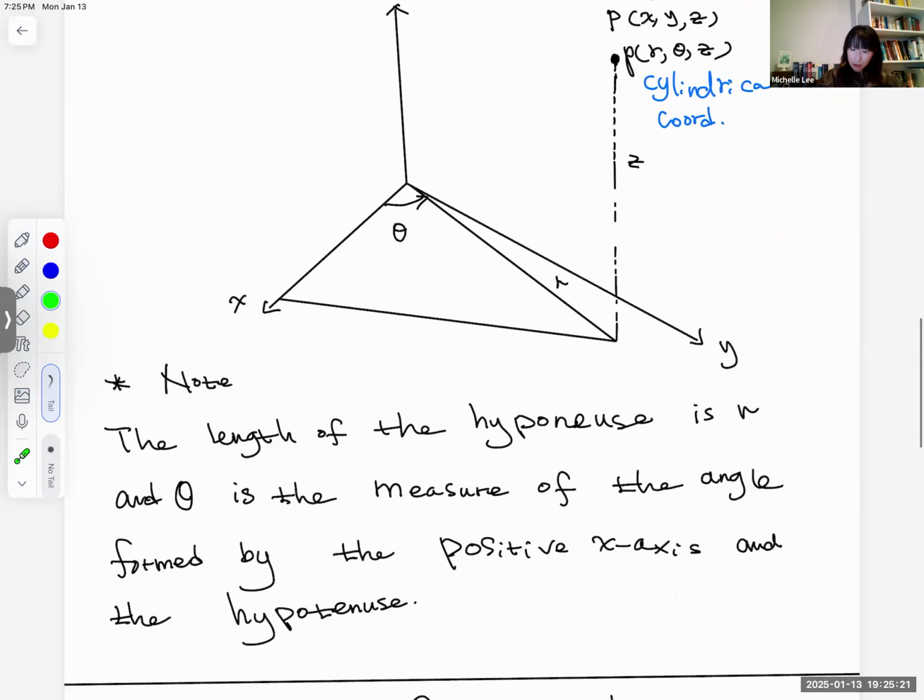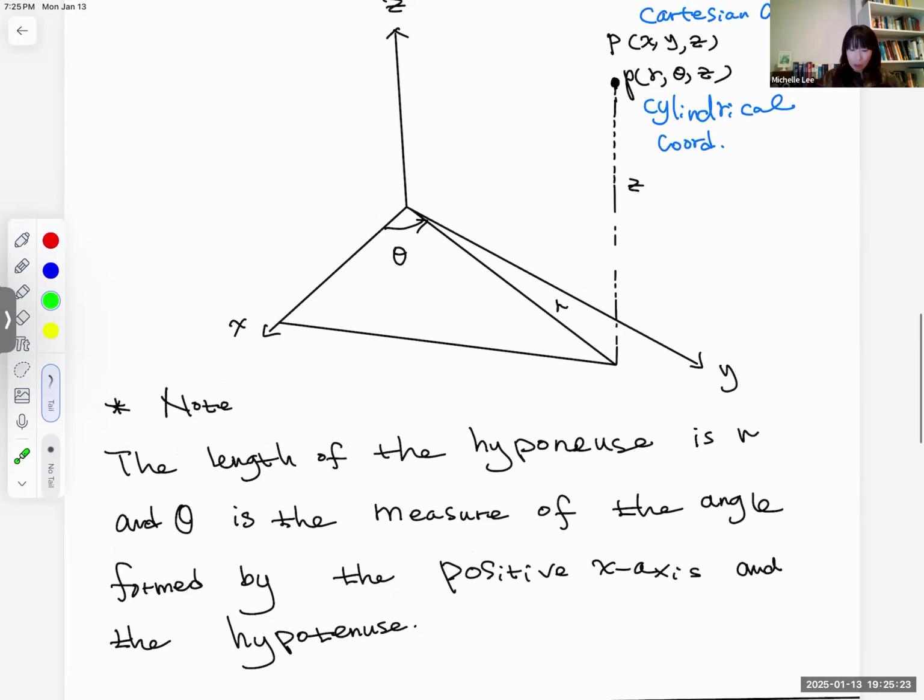Okay, so here is a note. This is the angle theta, right? And this is the x-axis. And then we have the length, which is r in this case. So the length of the hypotenuse is r, and the angle theta is a measure of the angle formed from the positive x-axis.